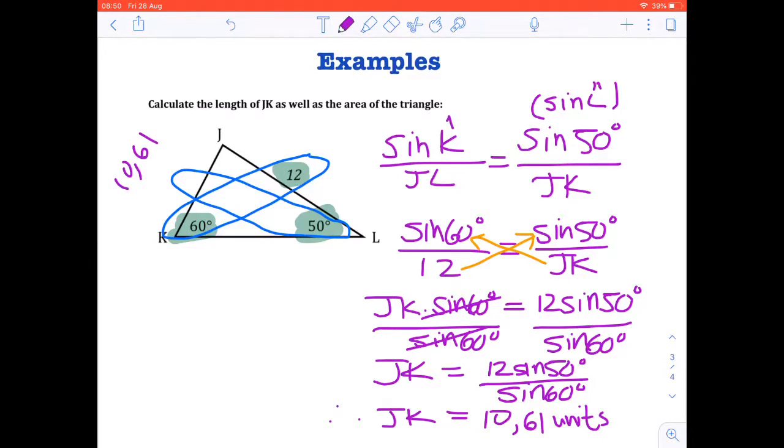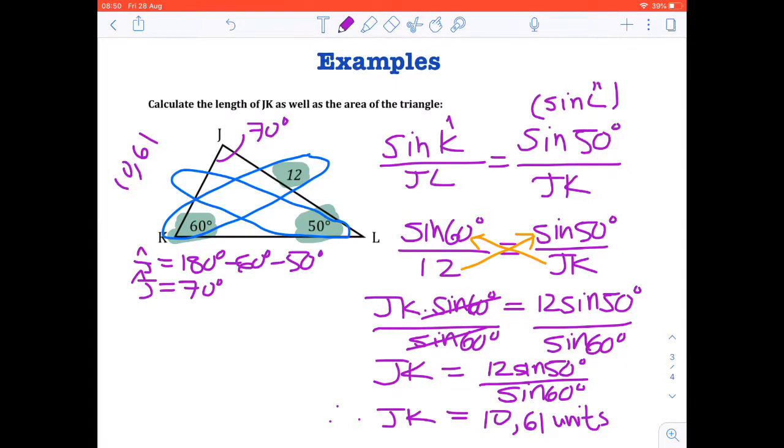We only have side 12 and side 10.61, and the angle that they meet at, we don't know. But because it's a triangle and we have two of the other known angles, we can work it out. So angle J is equal to 180 minus 60 minus 50, which gives you 70 degrees. So this angle J is 70 degrees.